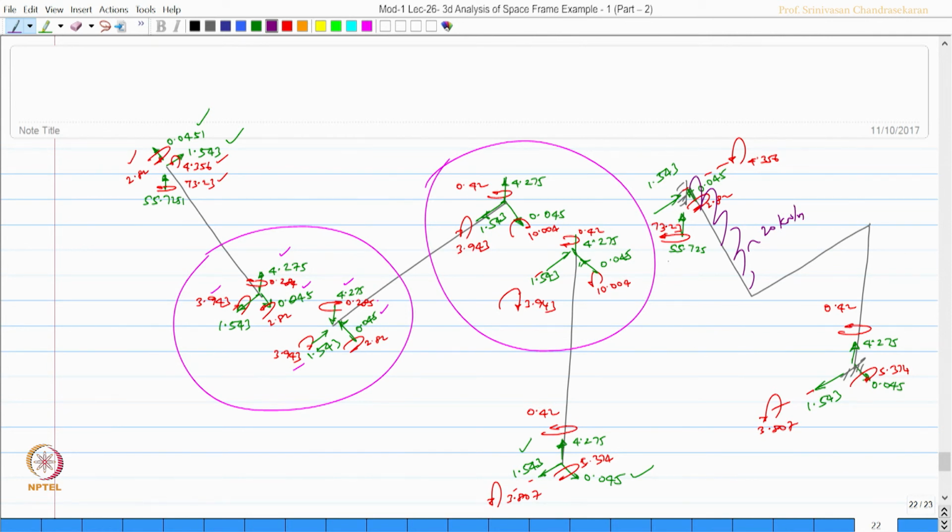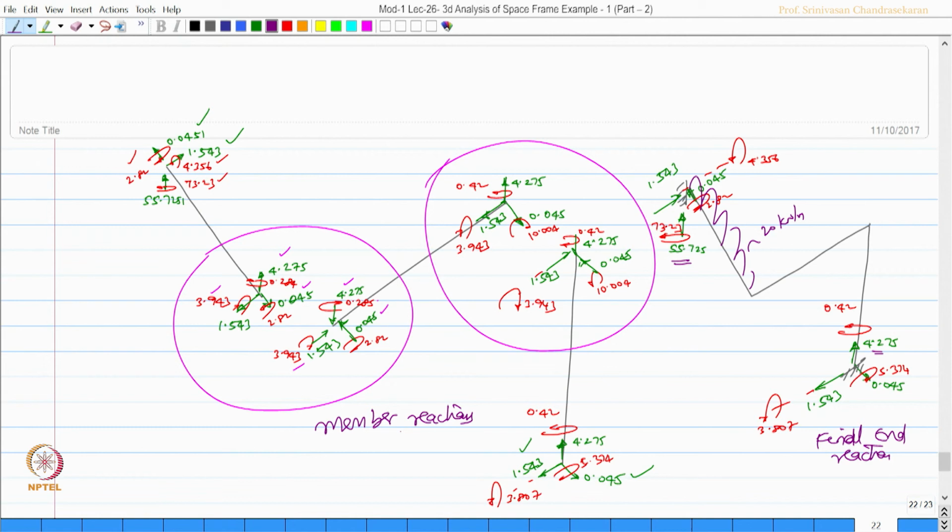So, you can see here 55 and 4 makes it 60. Okay. So, the reaction is balanced and the moments are balanced. That is the final end reactions and moments. These are member reactions and moments.